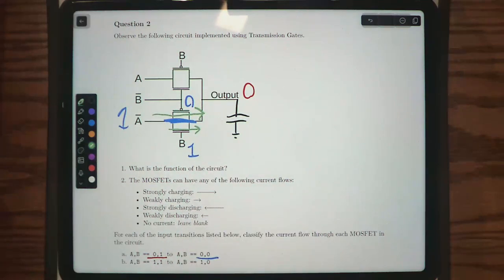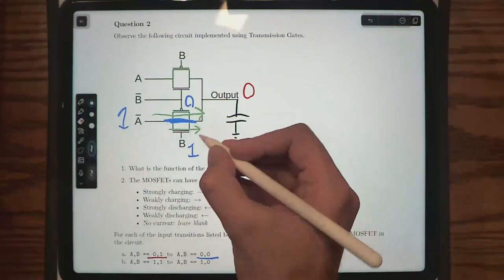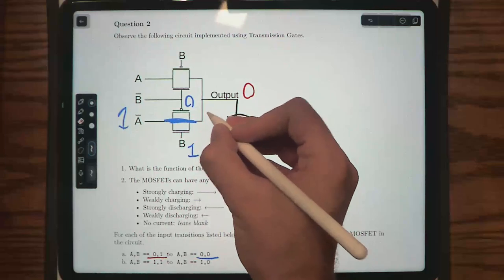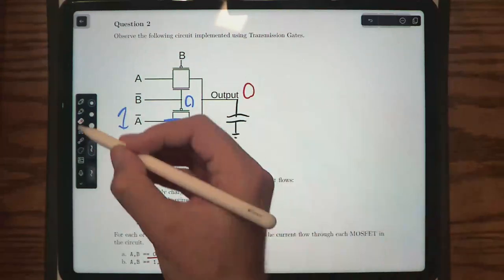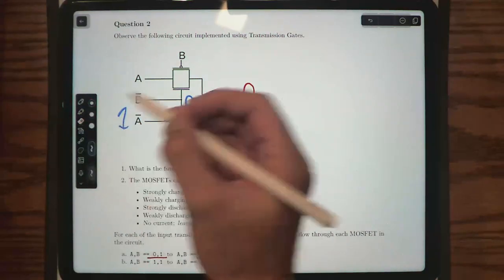Oh, I see. Okay. Wait, another question. Let's assume that maybe we had a transition where starting out we had 1 volt.